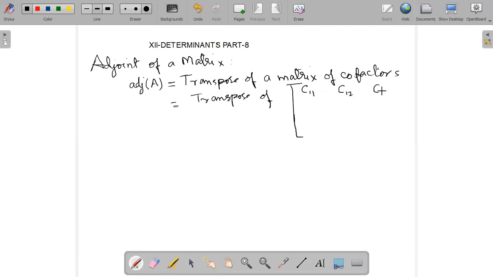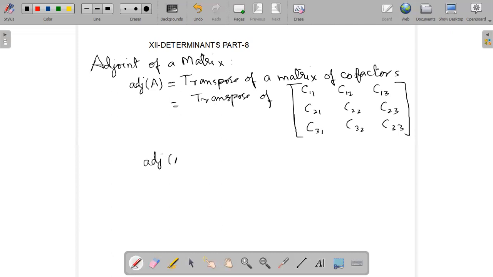You have to find the cofactors and write them in the matrix. This is the matrix of cofactors, and its transpose will be the adjoint.